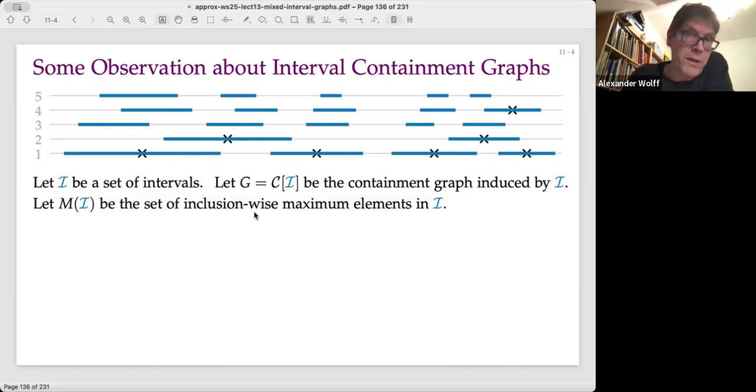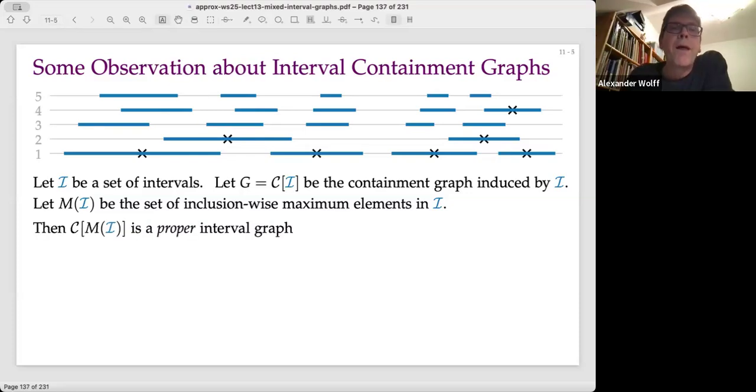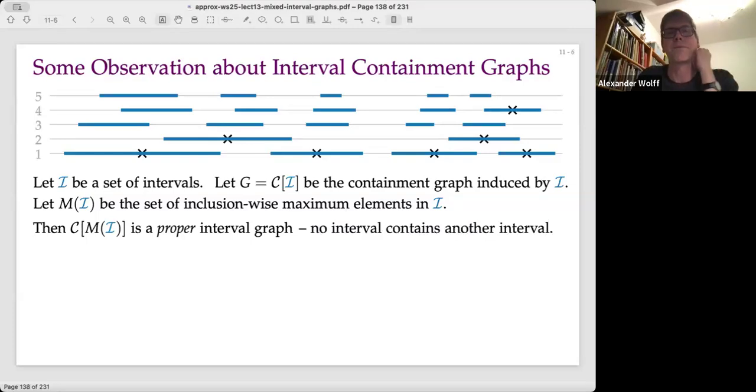And I will use them in my algorithm. Then the containment graph of these maximal elements is what is called a proper interval graph. A proper interval graph is simply the interval graph of a set of intervals where no interval contains another interval. That's what makes it proper.